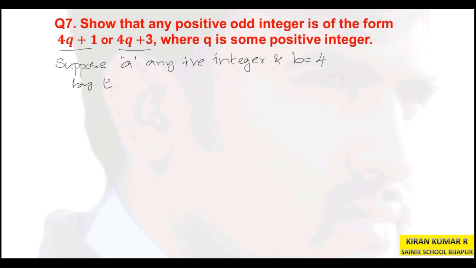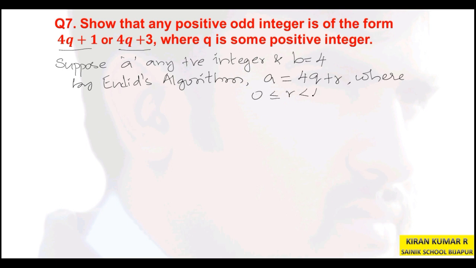By Euclid's algorithm, a can be written as 4q plus r, where 0 less than or equal to r less than 4. In this case, the value of r can be 0, 1, 2, or 3.